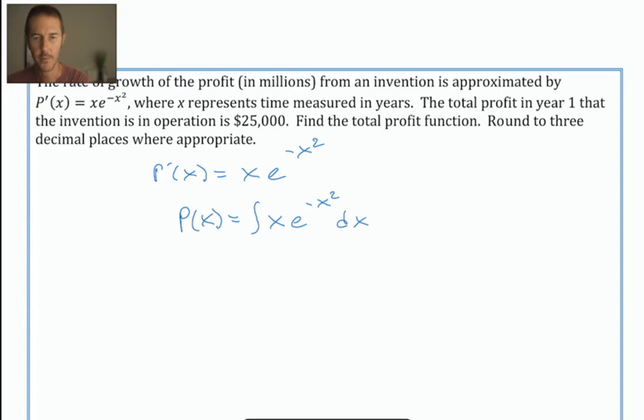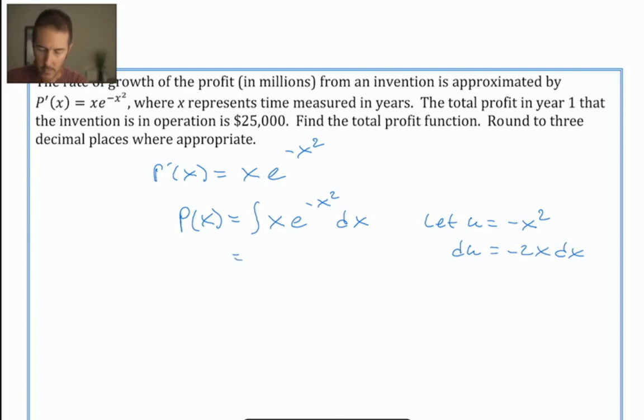Now let's set up our substitution. How do I know to use substitution? Because the derivative of this, the exponent on e, is equal to a constant multiple of the other factor involved in this problem. So let u equal negative x squared, and then du will be equal to negative 2x dx.